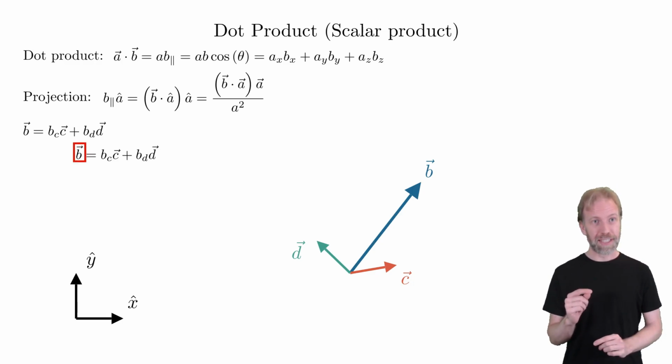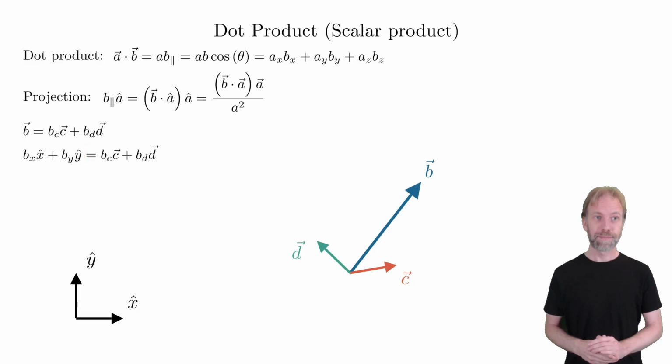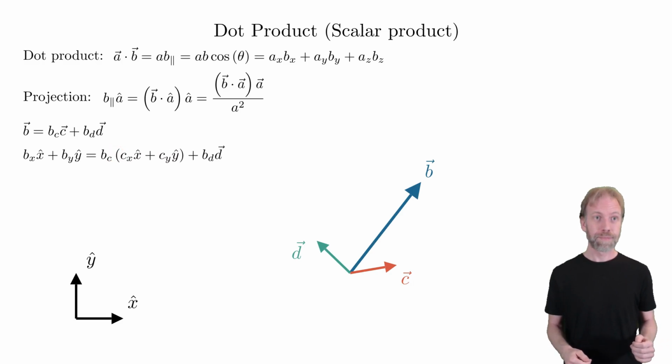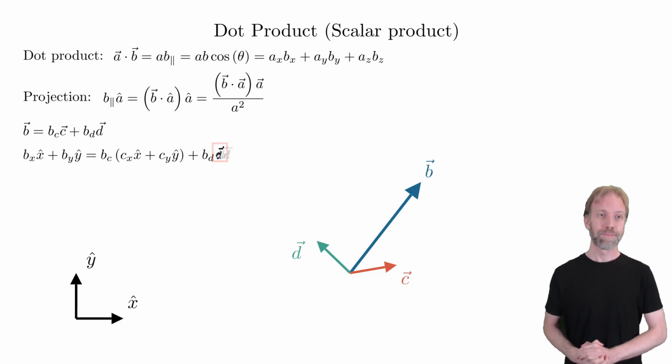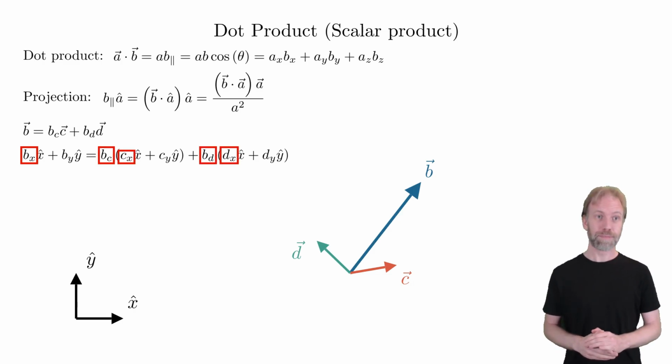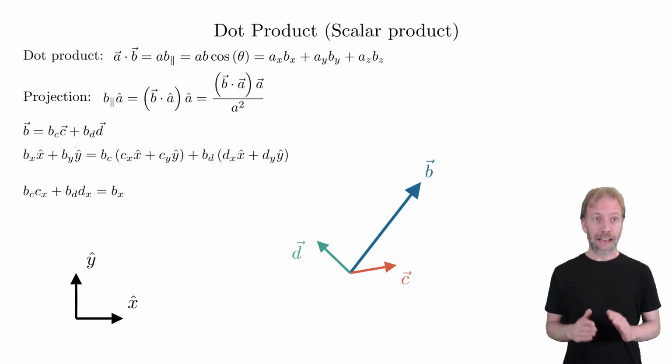Start by rewriting the vector B in terms of x hat and y hat. Do the same for C. And same for D. Now, collect all coefficients belonging to x hat, which will have to be equal. And collect all y hat coefficients.